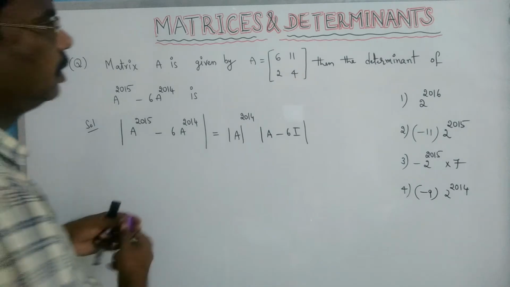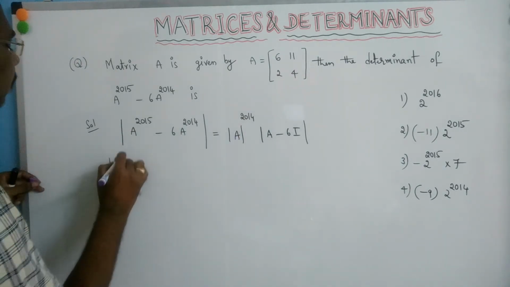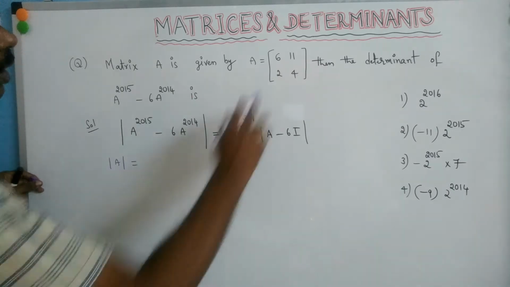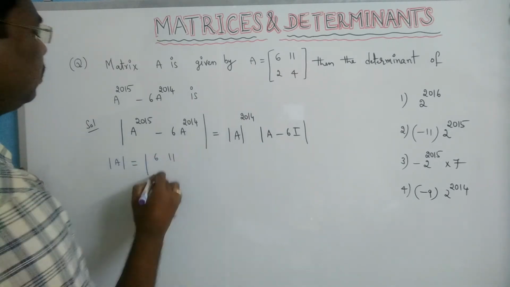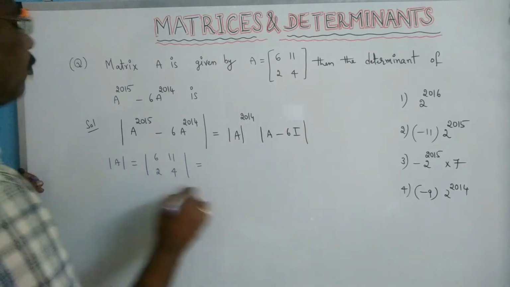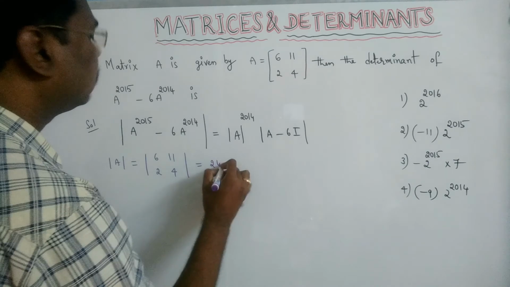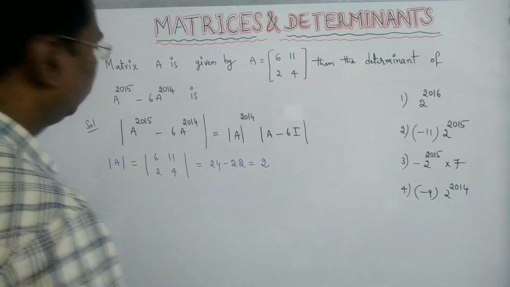Okay, first det A value. Now det A is equal to det of [6 11; 2 4], so 24 minus 22 is equal to 2.